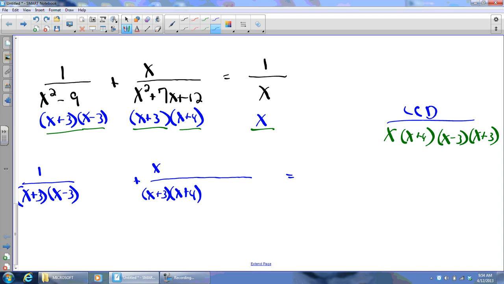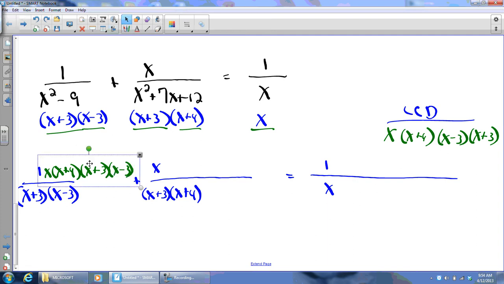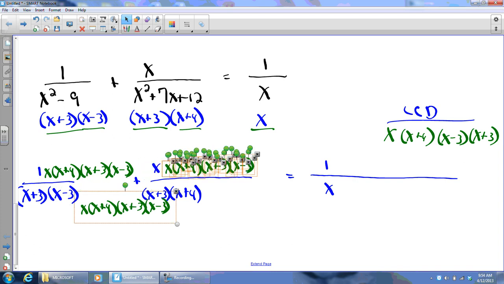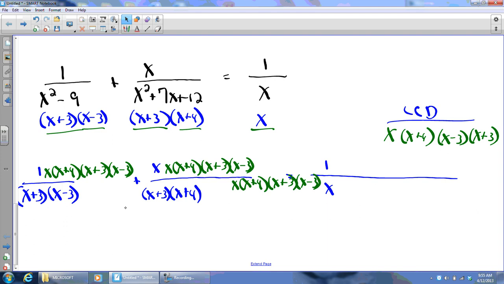And that equals 1 over x. And my LCD is what? x times x plus 4 times x plus 3, x minus 3. And so I'm going to do that in 2 more places, like that, and then like that.